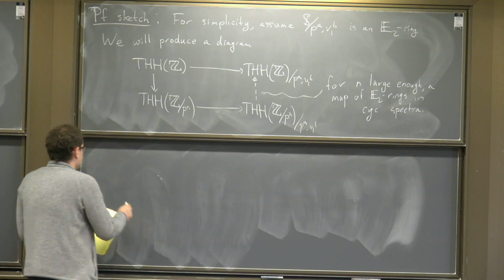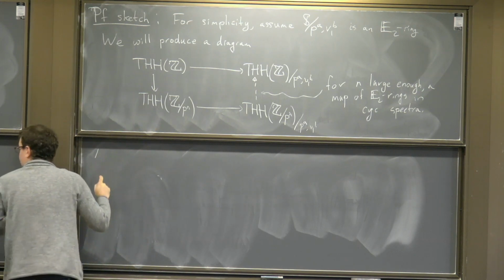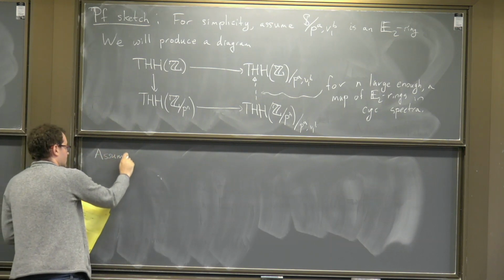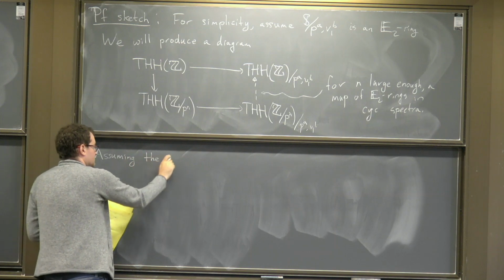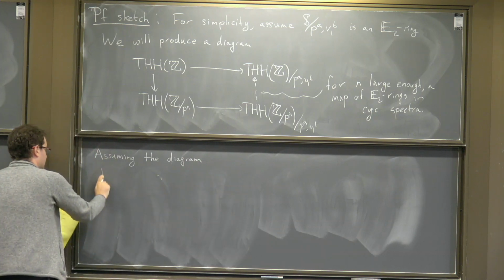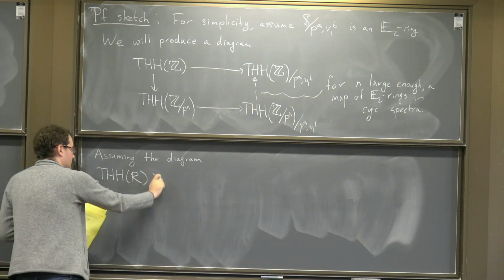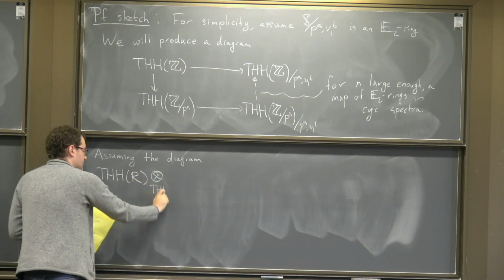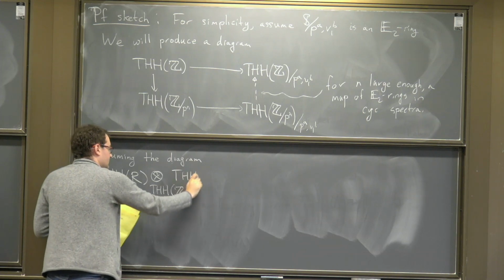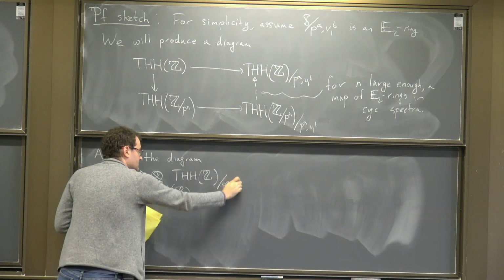Okay, so before producing that diagram, let me say what it has to do with this result. So assuming the diagram, I can look at THH of R, and I can tensor it over THH of Z with THH of Z mod p^a v_1^b.